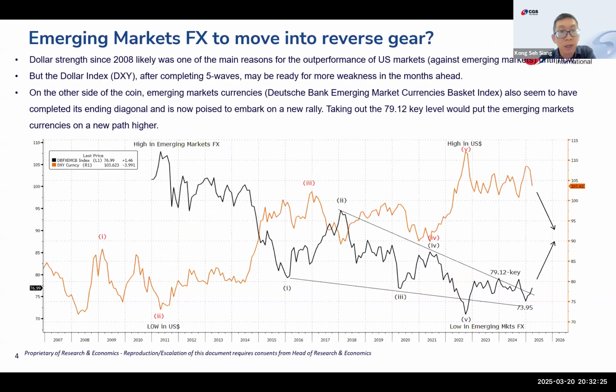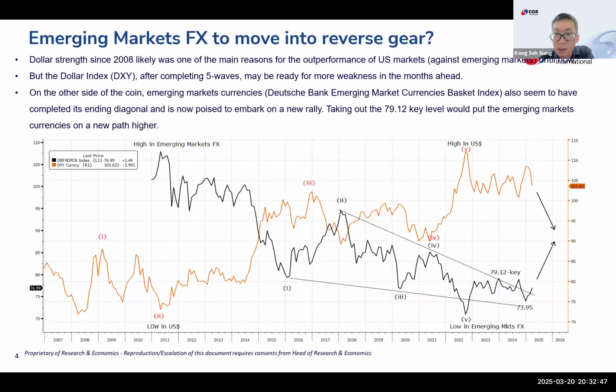Here, one thing: dollar strength has been very strong since 2008, but we think the dollar may have temporarily peaked in 2022. I think emerging market currencies will start to turn around and actually strengthen in the coming months.